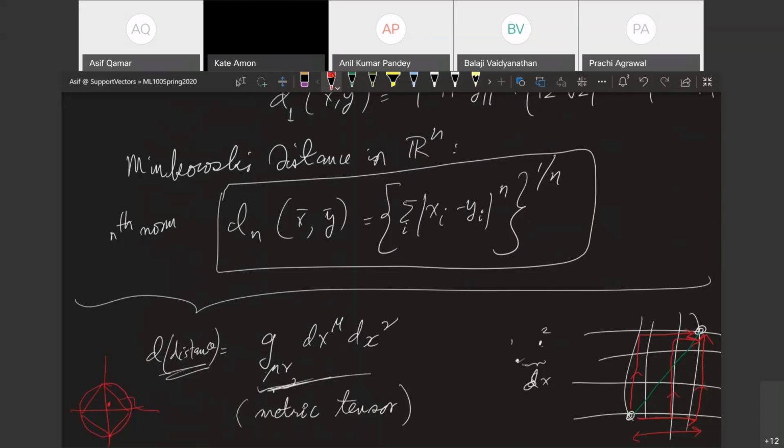This is Manhattan. A circle in Manhattan distance would, to our eyes, look like a diamond shape. And in Euclidean distance, of course, it looks like the familiar circle. But in higher norms, it tends to be more bulbous.